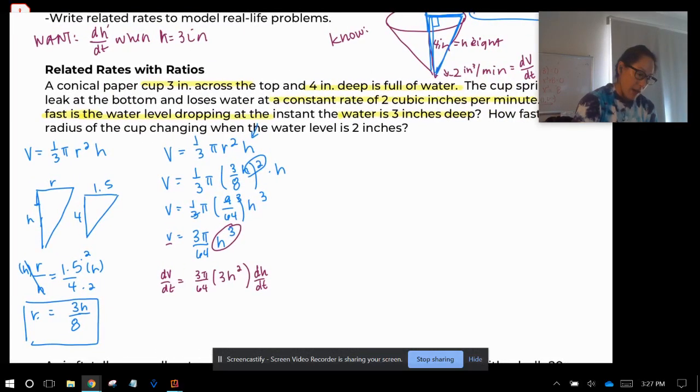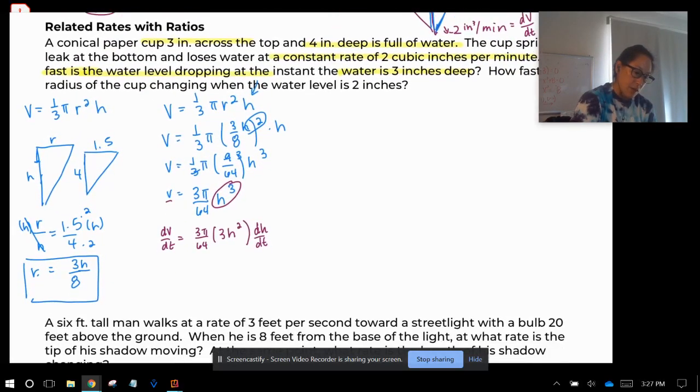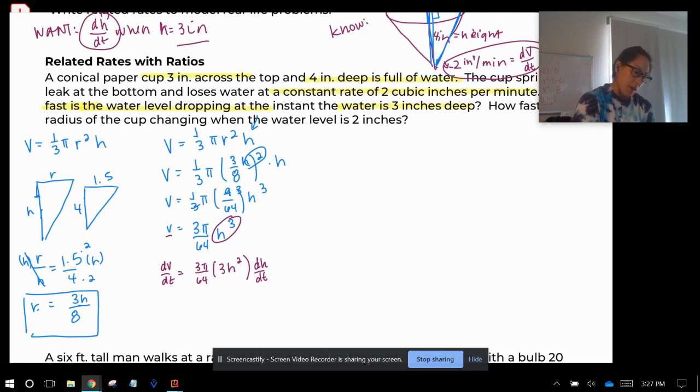I also know dV/dt is -2. So I'm going to plug in -2 is equal to 3 pi over 64 times 3 times the height, 3 squared, times dh/dt.